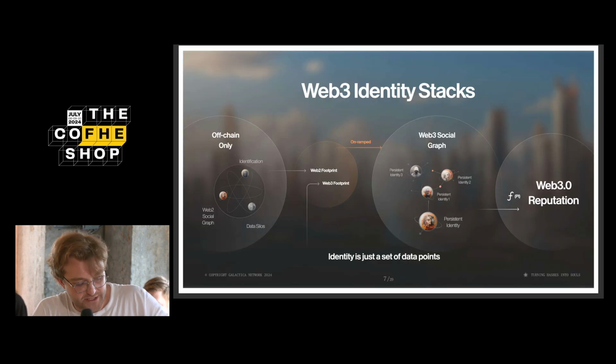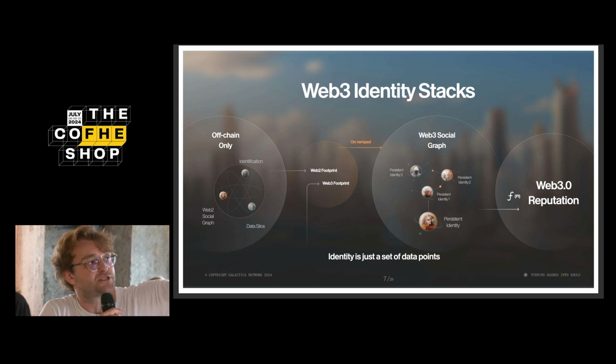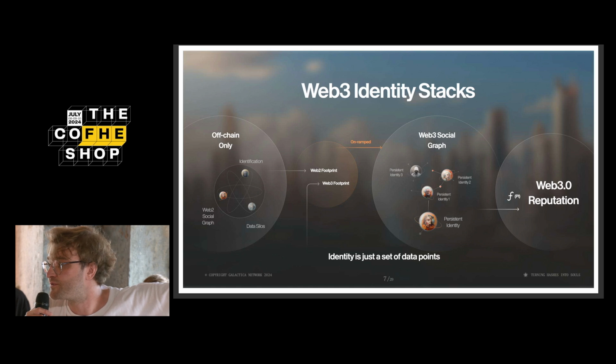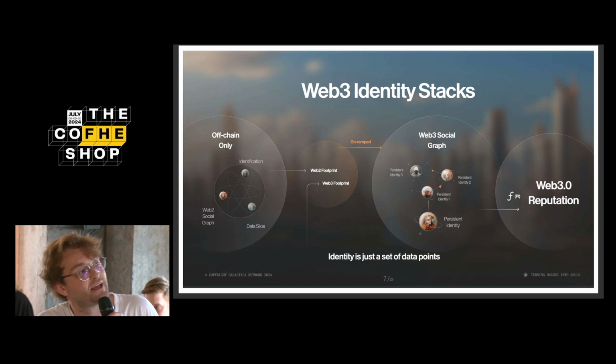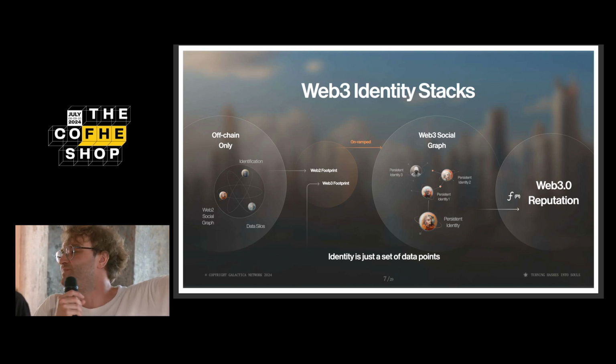So this is probably an easier way to show this. It starts from off-chain stuff. Web2 social graph, all your social networks, things of that nature, whom you're talking to, Facebook, Twitter, whatnot, likes, comments, retweets, everything. Identification is pretty much all the demographic, geographic data, that's Google's business model, right?